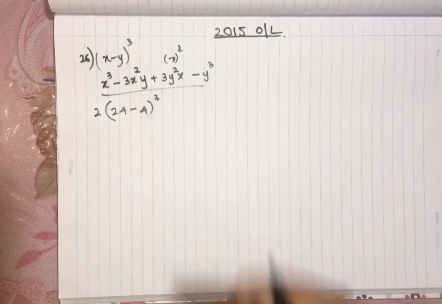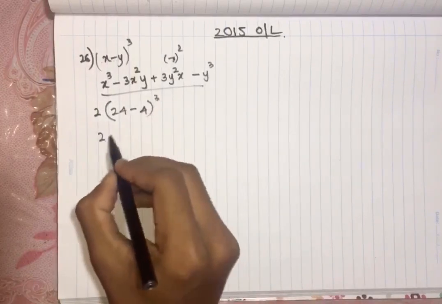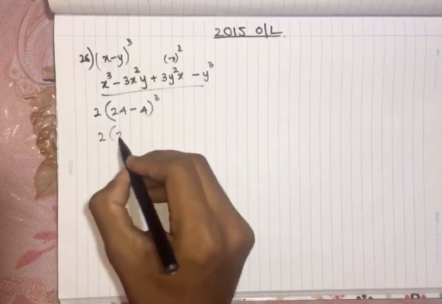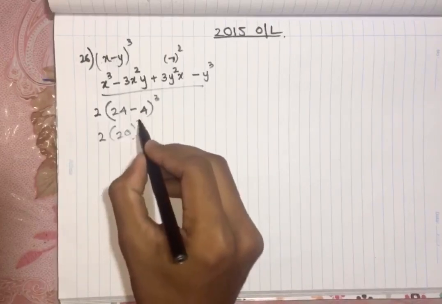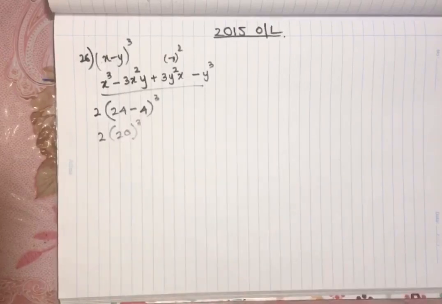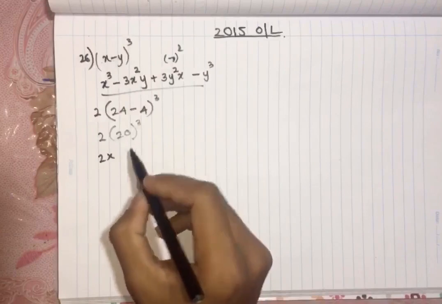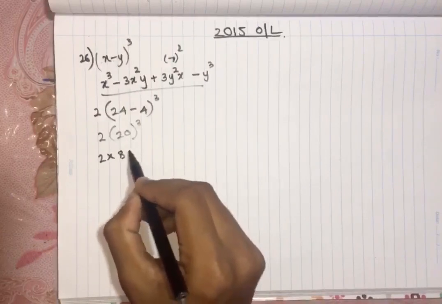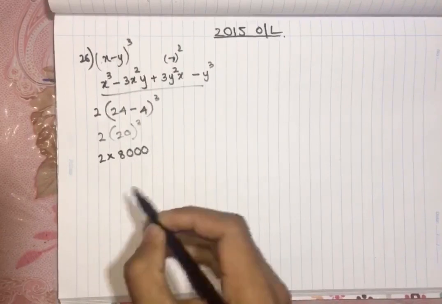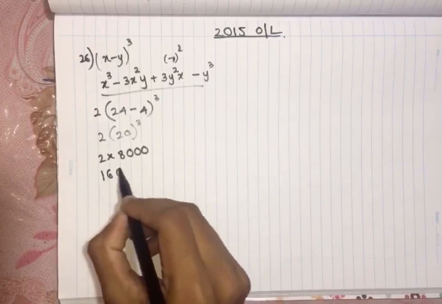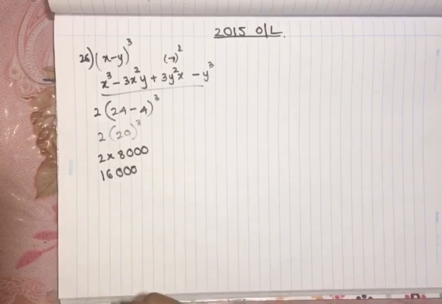Whole thing cubed. Now what is the answer? 24 minus 4, that is 20. You know the value. Therefore now you should find 20 cubed. How much is 20 cubed? 20 squared is 400. It's 8,000. Therefore the answer is 16,000. Okay.